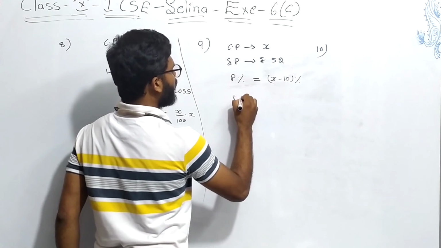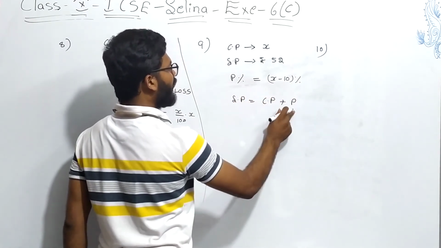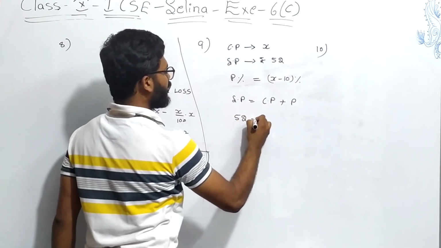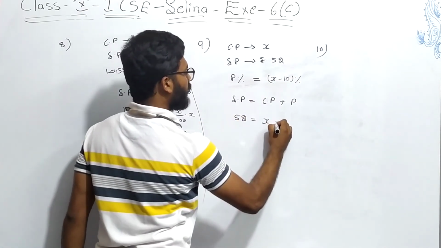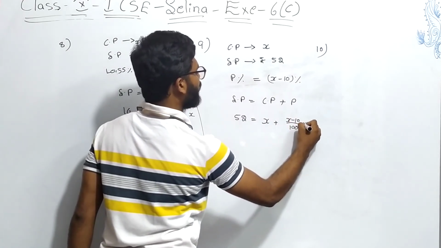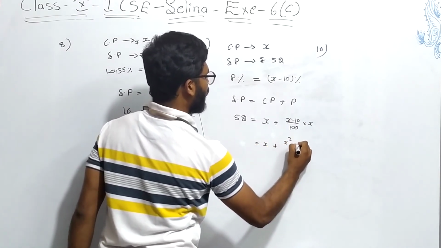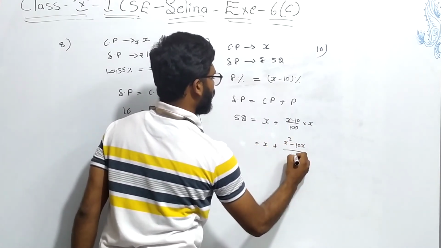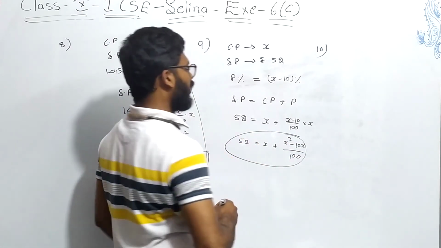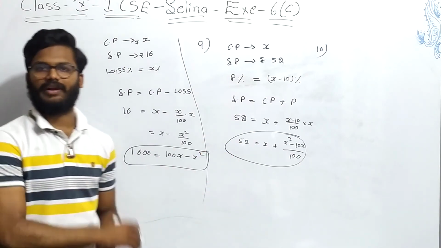So SP is equal to CP plus profit. So profit is how much? x minus 10 percent of x. So 52 is equal to x plus (x minus 10) by 100 into x. So x plus (x square minus 10x) by 100 is equal to 52. So if you solve this, you will get a quadratic equation in x and we have to find that.